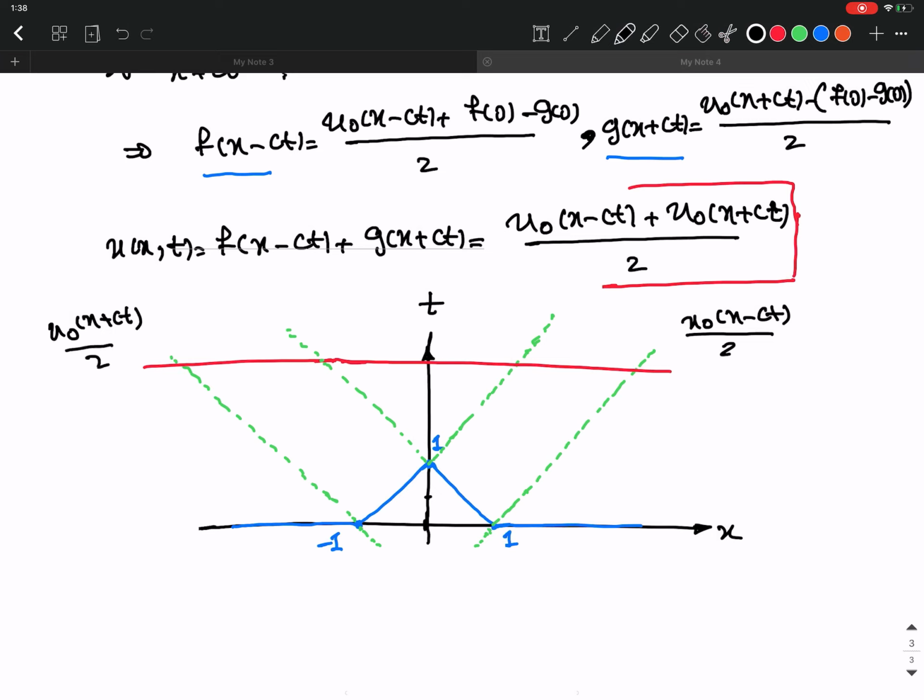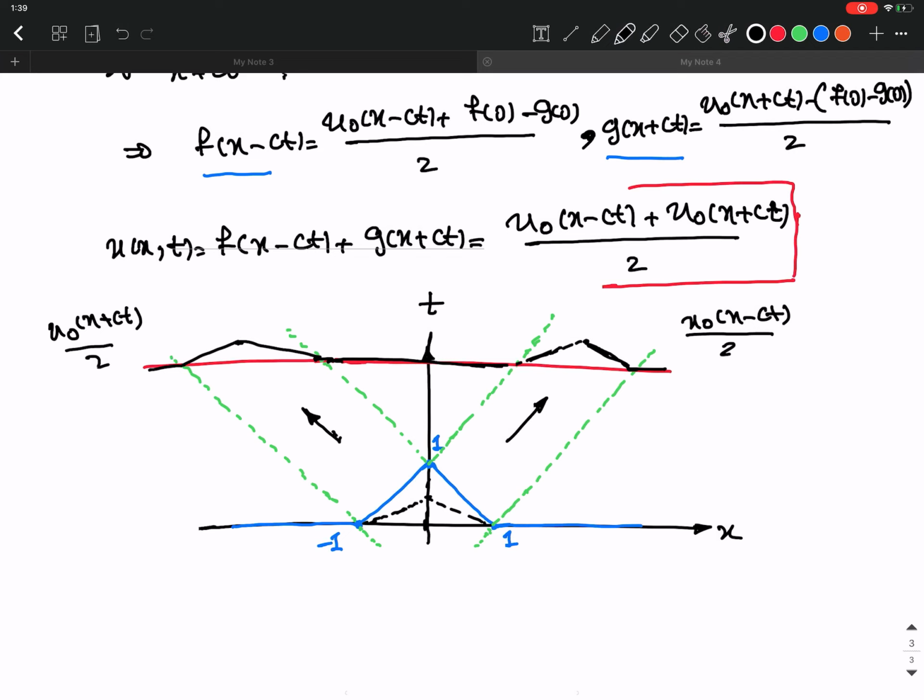Okay, so it is just here at the beginning we had these two waves that superimpose together and then constitute that, so we need to divide it by 2 and then just plot it here. So I'm gonna just plot it here, so divide it by 2. And this is gonna be my solution here. So one is going this way and one is going that way, to the left and to the right.